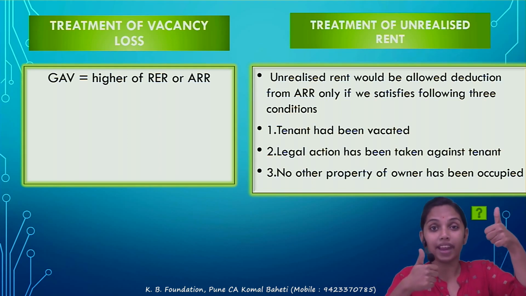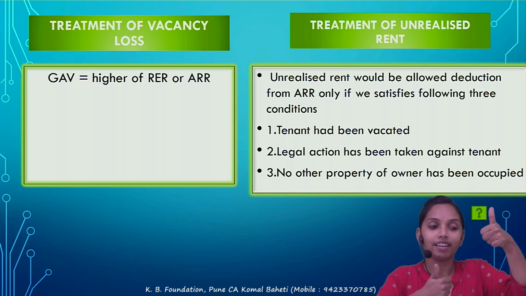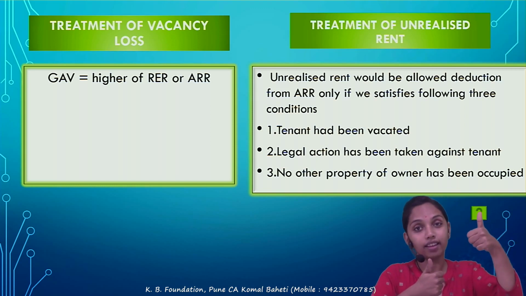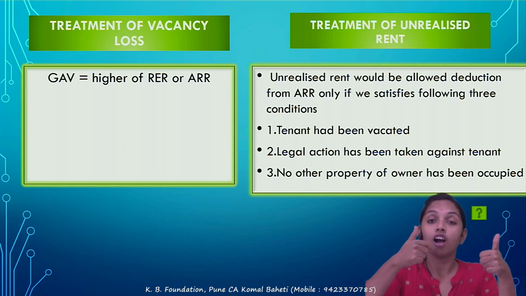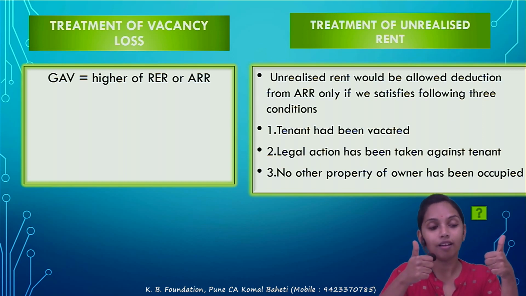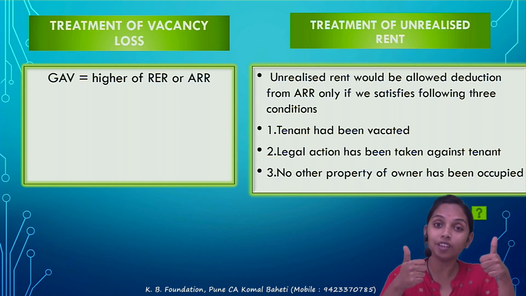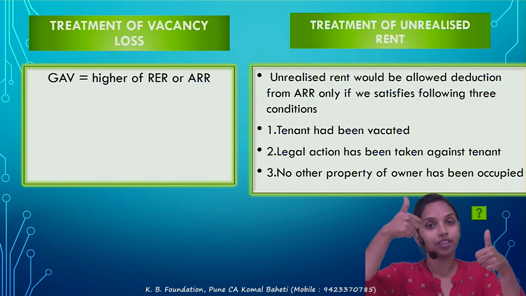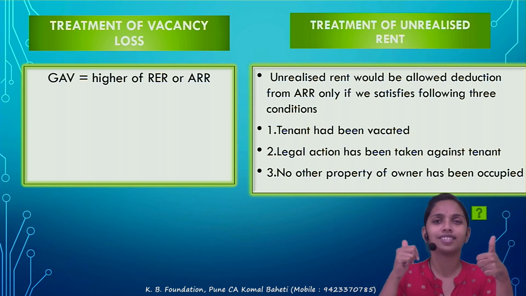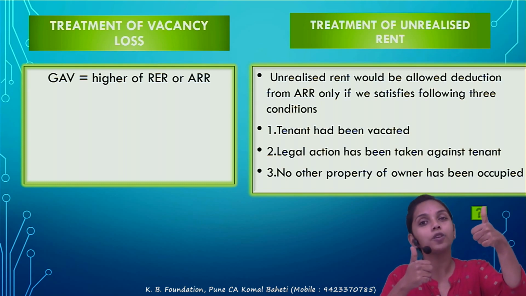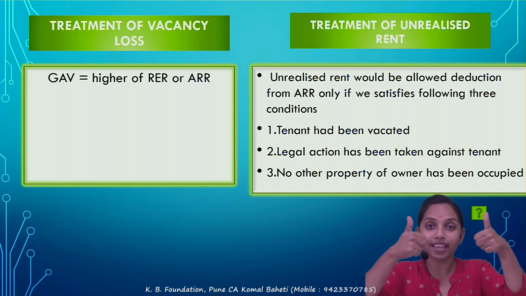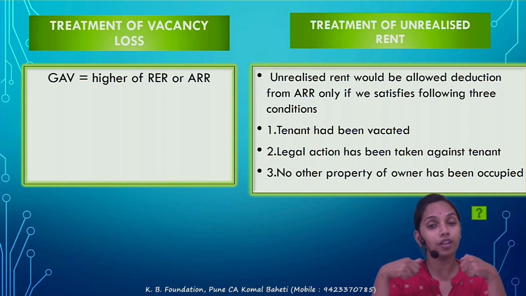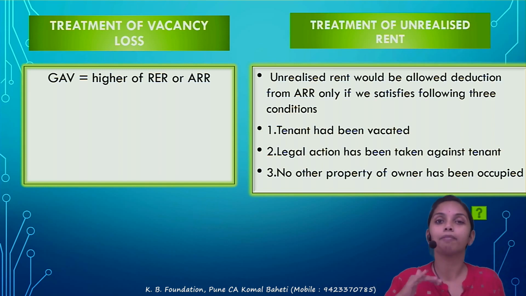Actual rent तो कम है. मेरा actual income क्या है? Lower side है. Still it gets taxable, the reasonable expected rent. ये actual rent बोलता है, अगर vacancy loss नहीं होता, मतलब property अगर vacant नहीं होती तो I would be equal to you or I would be higher than you. ये तो vacancy loss था, that's the reason I am lower and you are higher. If I add the vacancy loss, I would be equal to you or higher than you. Means due to the vacancy loss I am the lower.